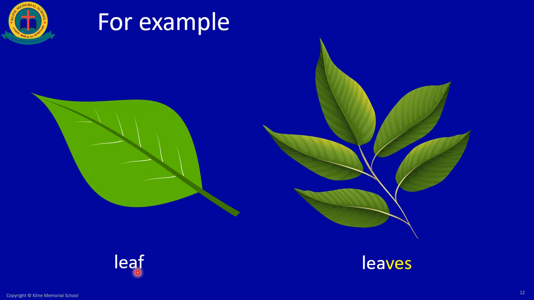To change the word leaf to its plural form leaves, we remove the letter F and we add VES at the end. Let us see some more examples. Wife, wives. Knife, knives. Calf, calves. Shelf, shelves. Thief, thieves.